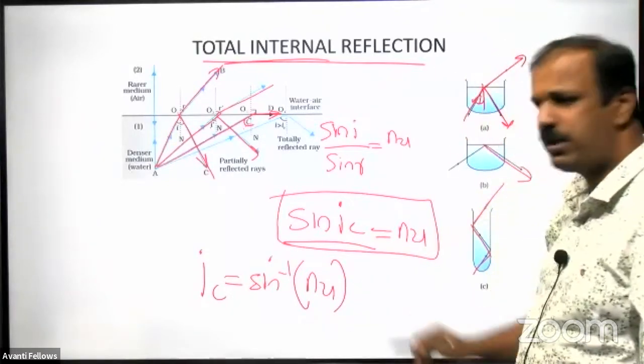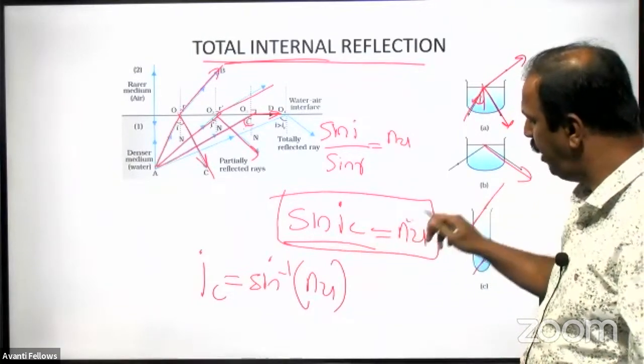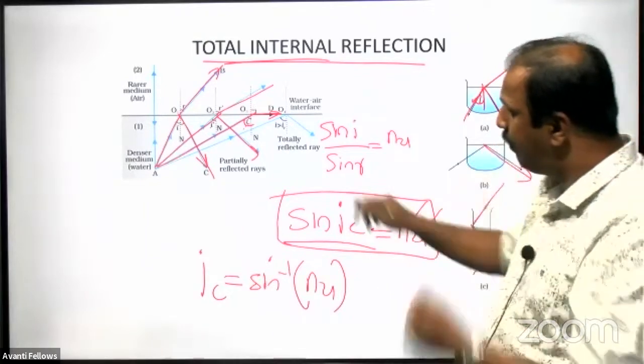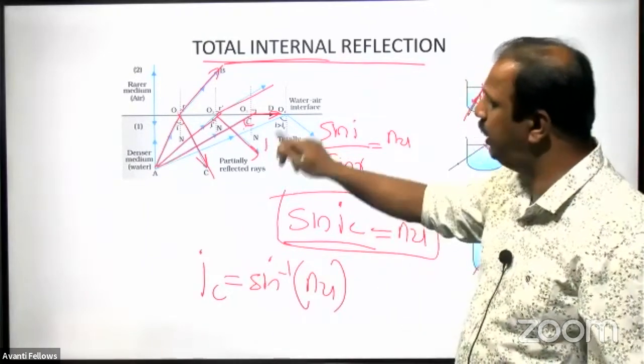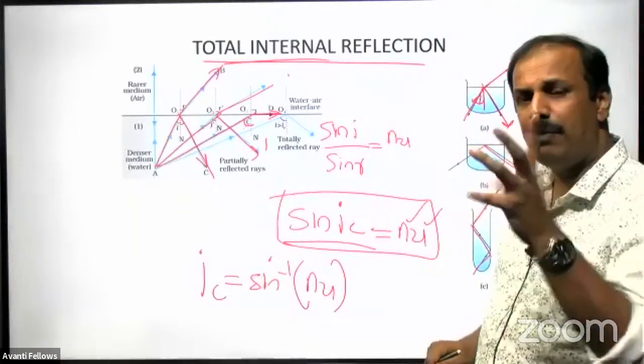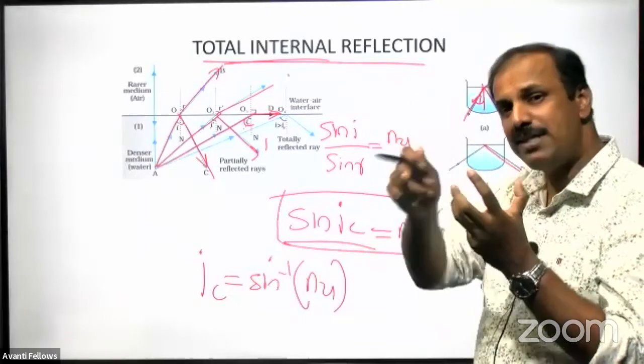Why does that difference come here? See, this refractive index n21 is of the second medium with respect to the first medium. Here the denser medium is the first medium, and the second medium is air. So when you are discussing the refractive index of diamond, diamond is the first medium and air is the second medium.